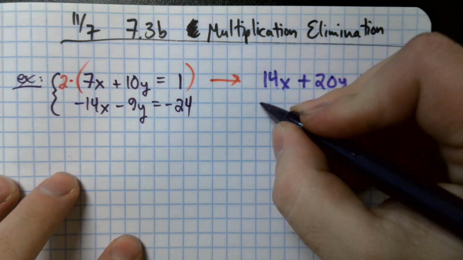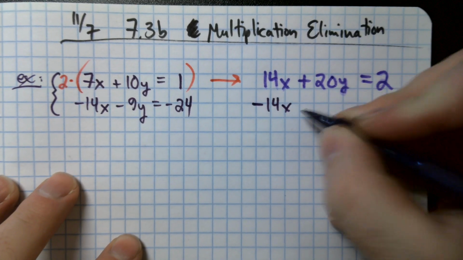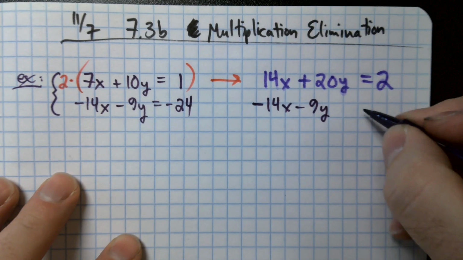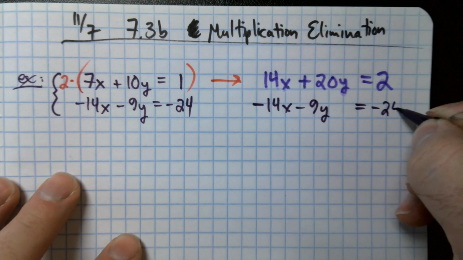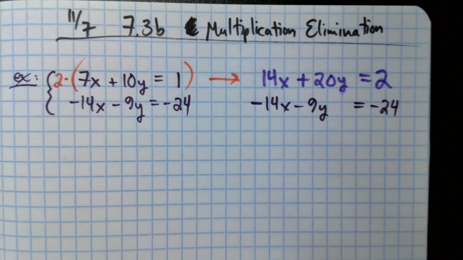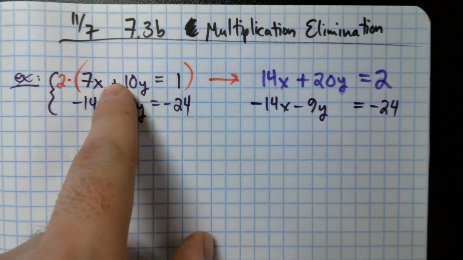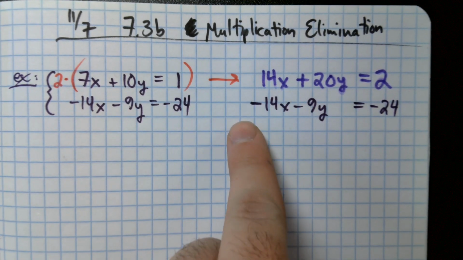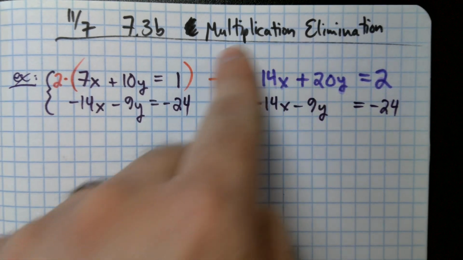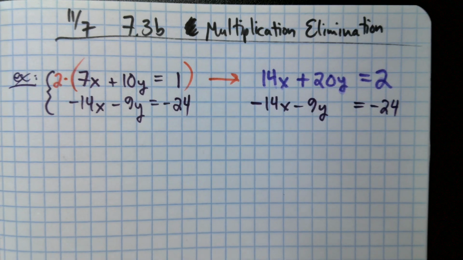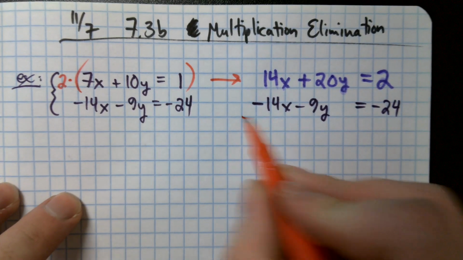The same thing. Minus 14x minus 9y equals negative 24. Right? So we slightly inflated one of my equations so that I can now easily eliminate my x terms and go from there, just like we did yesterday, right?